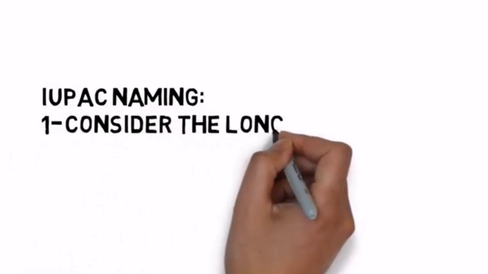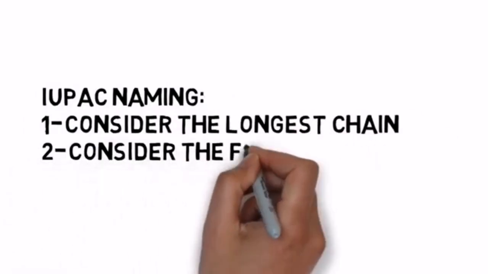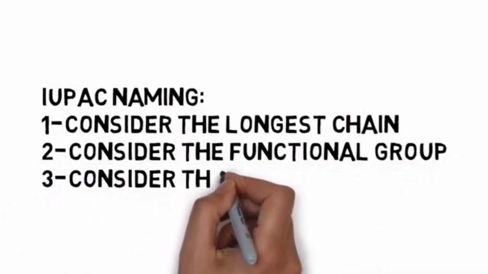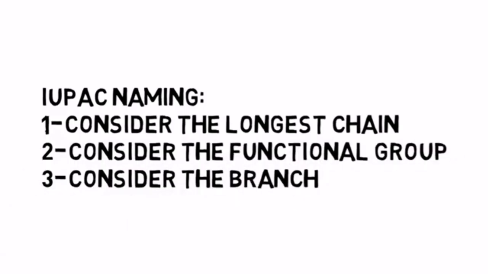So we have something known as IUPAC naming, and we have rules to follow for us to name all our compounds. You consider the longest chain, you consider the functional group, the thing that will make you conclude that this is an alkane. Then you consider the branch. We have two types of branches: the methyl branch and the ethyl branch.